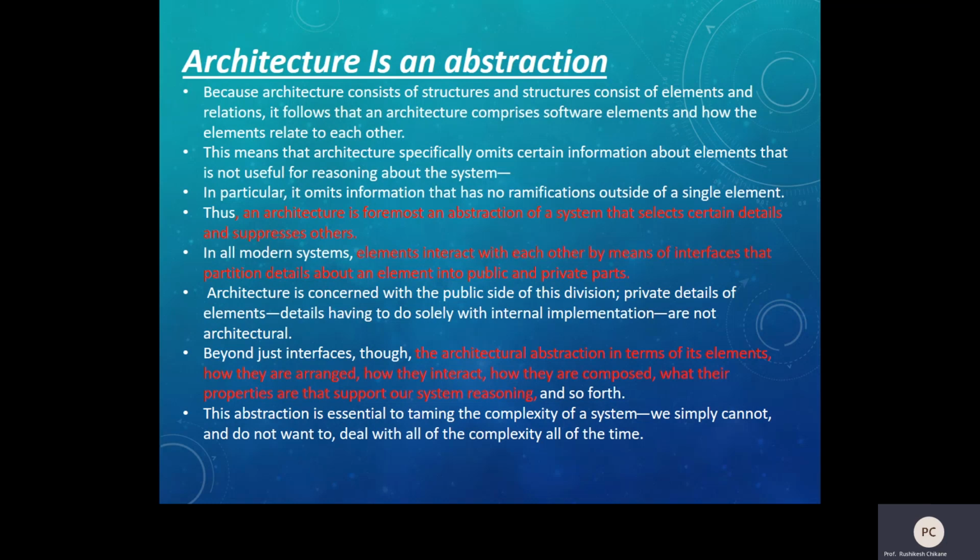That is how they interact with each other. The interaction between the elements is how they exchange information, how they are composed, arranged, placed in the structure, and what the relationship between them is. All these things combined are called an architecture abstraction.